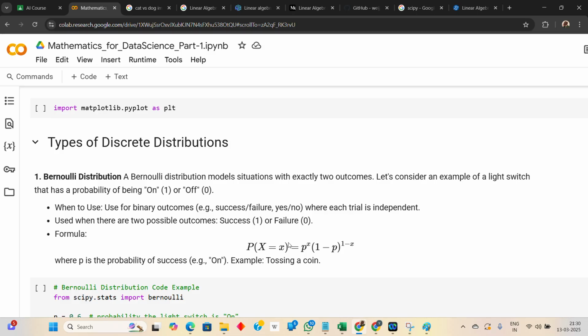All the time you will get head or tail, only two options. If you are toggling a switch, it will always have on and off, right? So whenever your sample space has only two values, we can use the Bernoulli distribution.